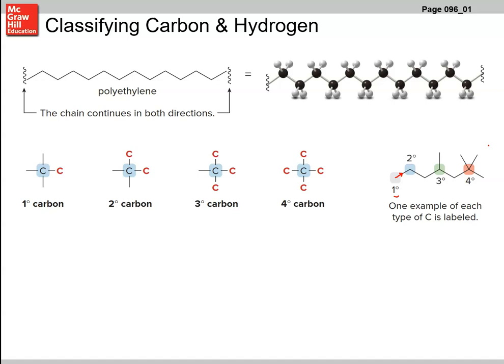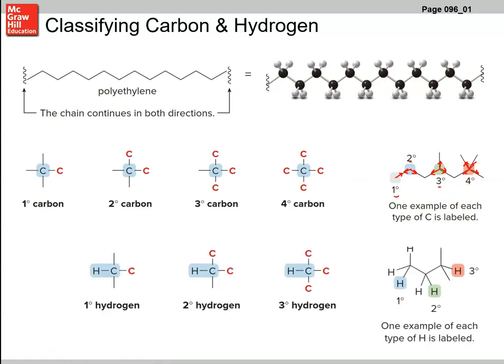If we go to the second carbon in blue, we can draw an arrow to 1 carbon and an arrow to a second carbon. So that's why we have a secondary carbon. Here, tertiary, we can draw 1, 2, 3 carbons, and then the quaternary, the same 1, 2, 3, 4 carbons. So that's just some naming of carbons that you'll be expected to be able to do and to recognize.